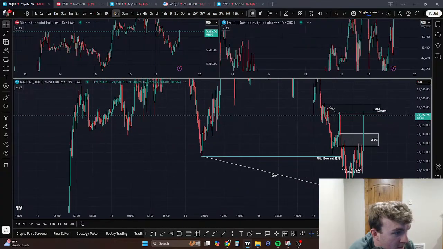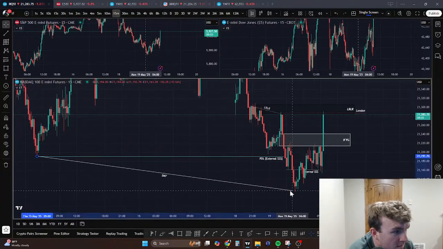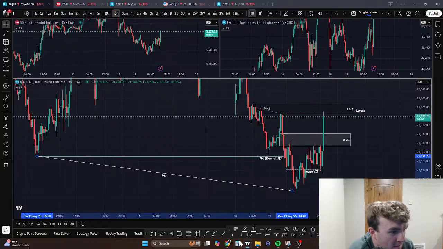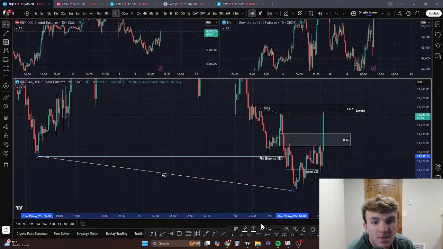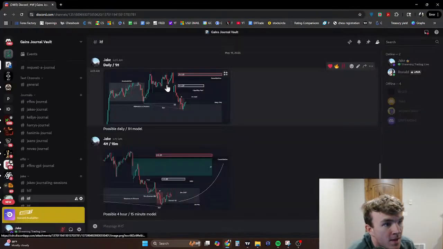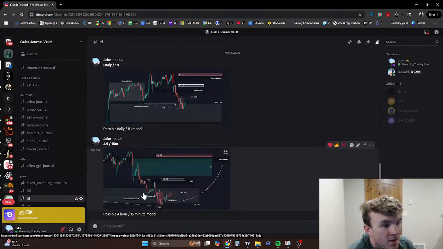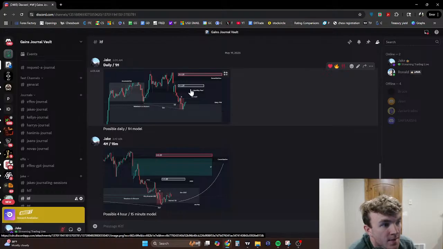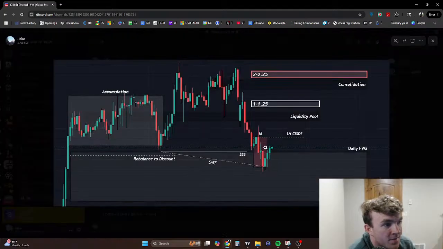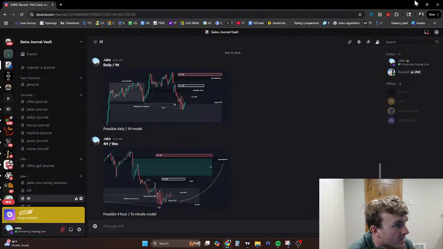Alright, so now it's becoming more clear that this buy model that I framed earlier could possibly be playing out, right? Where I said we could get a push up into this and then this. But we're just going to have to see if we get the 1 hour change of state delivery.